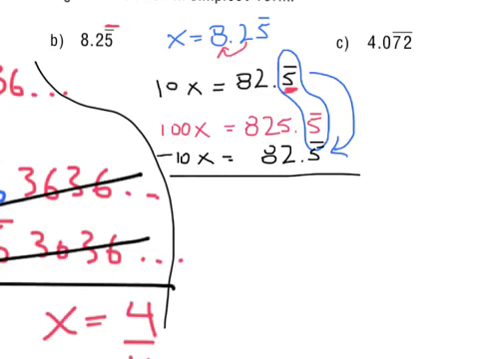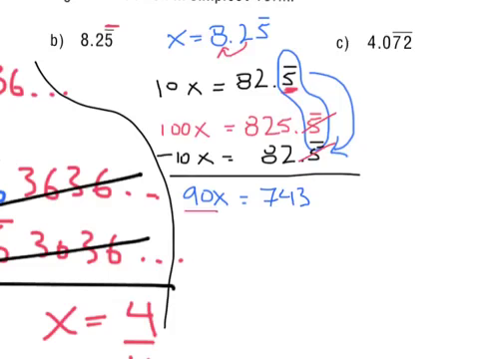And when I subtract that, I get 100x minus 10x equals 90x, and then 825 minus 82 is 743, and the key thing is that my repeating part cancels out, because 5 repeated minus 5 repeated is 0.